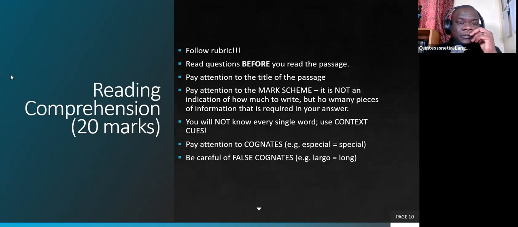But sometimes it's words not like that. And even as a teacher, I study Spanish 21 years now, counting from Form 1 up. But I say I have studied Spanish for the past 21 years, and I'm still meeting words in the CSEC Spanish reading comprehension that I never met before.